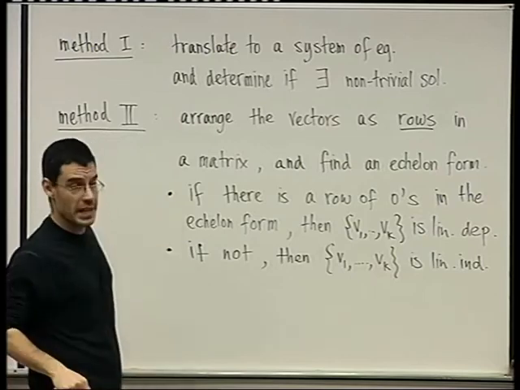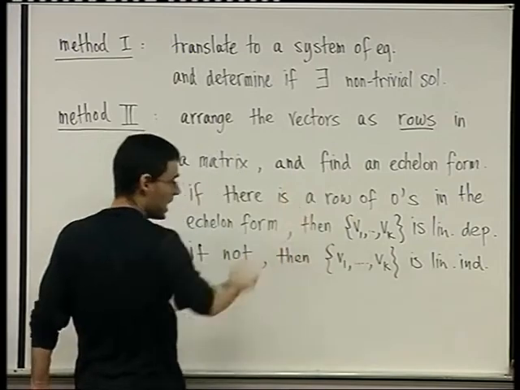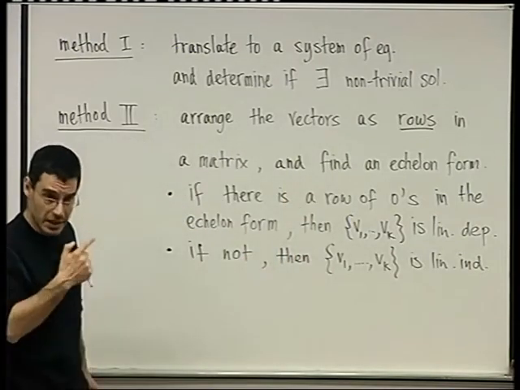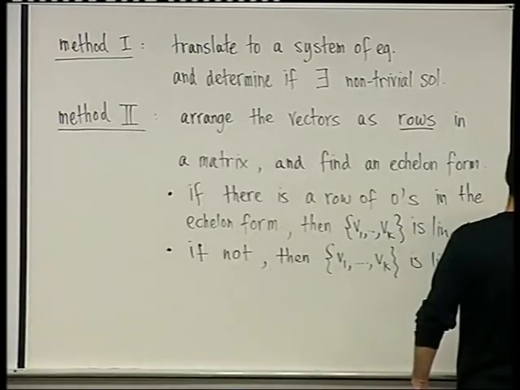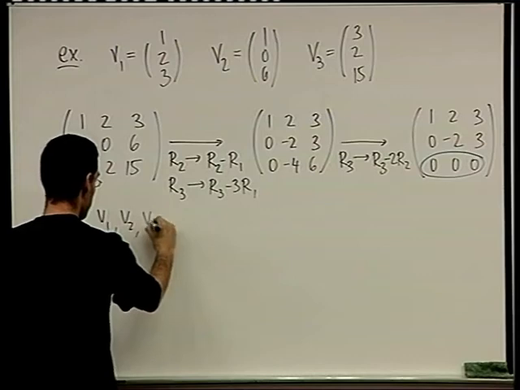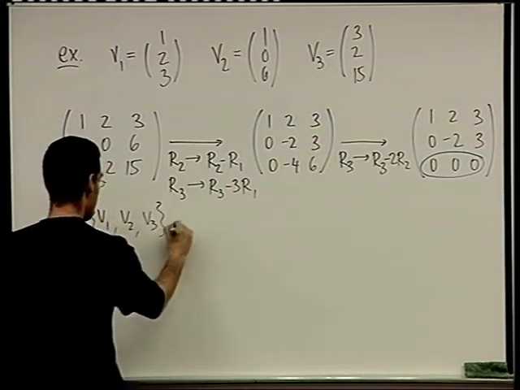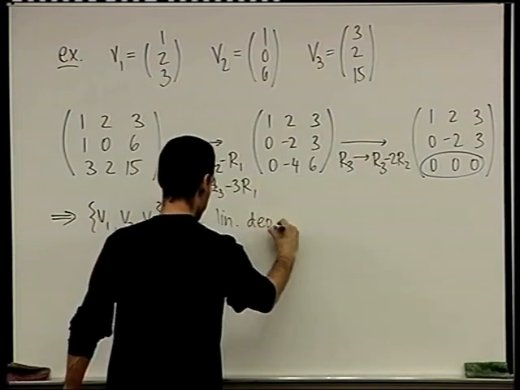That's the situation in this example. If there were no row of zeros, then they would be linearly independent. That is not the case here. So we can deduce at this point that v1, v2, v3 are linearly dependent.